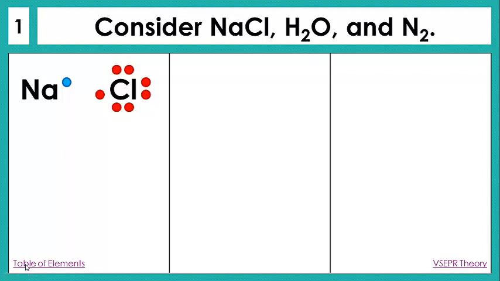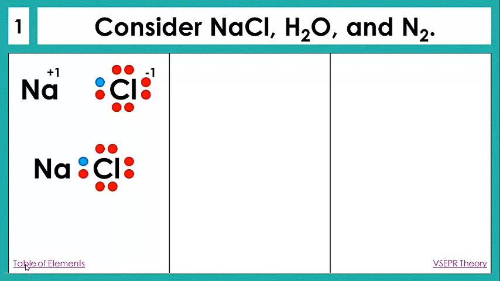So in this case, we have a metal, and metals always give up electrons. So sodium is going to transfer 1 of its electrons to chlorine. Because sodium lost an electron, it's going to form a cation with a +1 charge. The chloride, on the other hand, gained an electron, and when you gain a negative electron, your charge becomes -1.